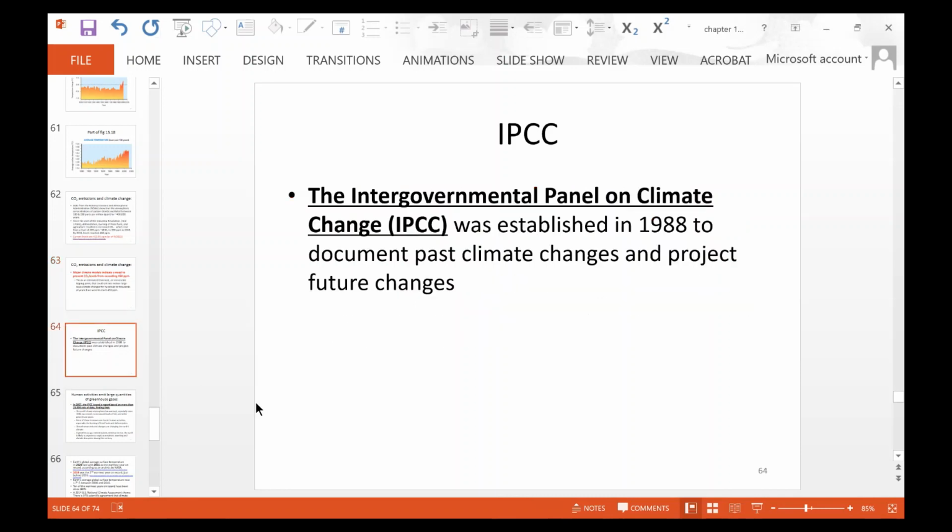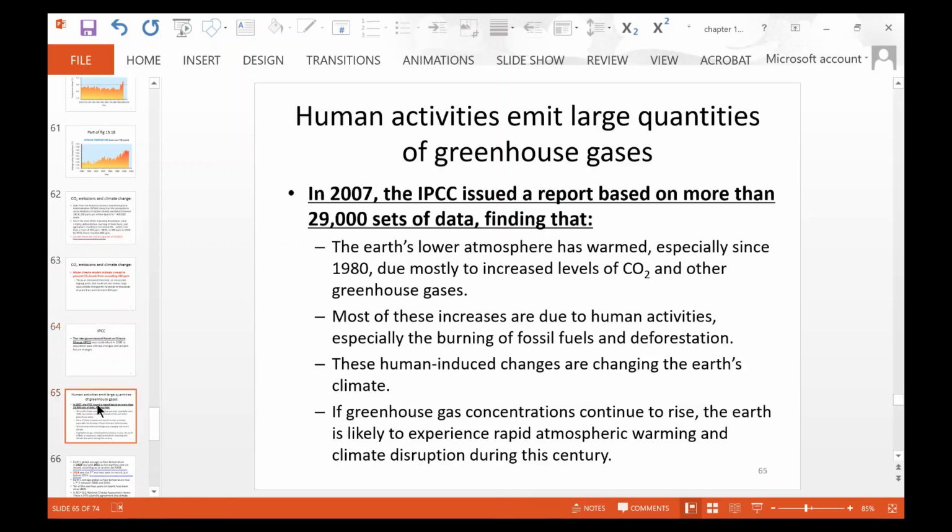The Intergovernmental Panel on Climate Change, or IPCC, was established in 1988 to document past climate changes and to project future changes.